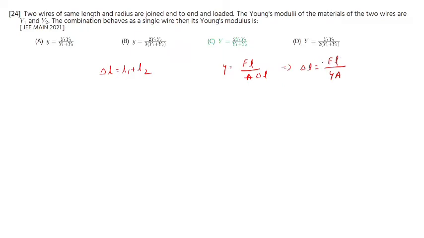As the lengths are same and the radius is also same, and even the loads connected to them are also same, in that particular case, children, delta L is proportional to L by Y. And the equivalent length they gave as 2L.